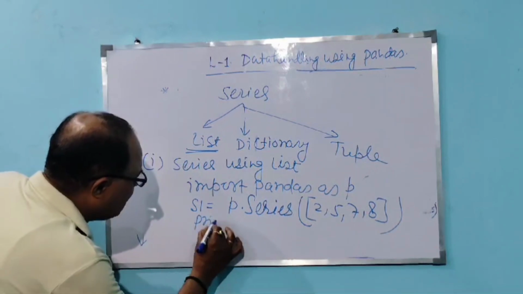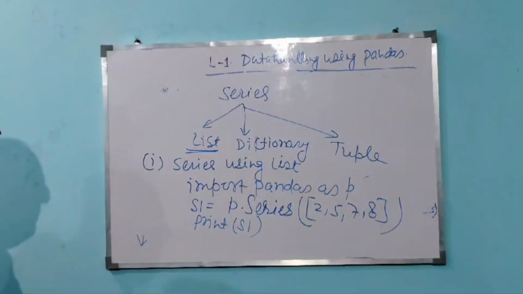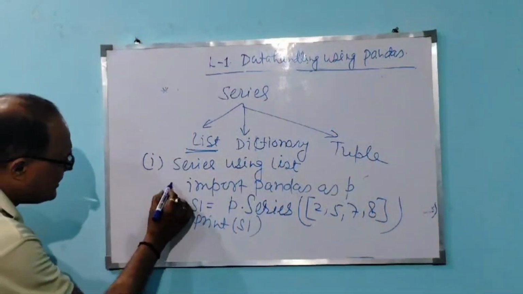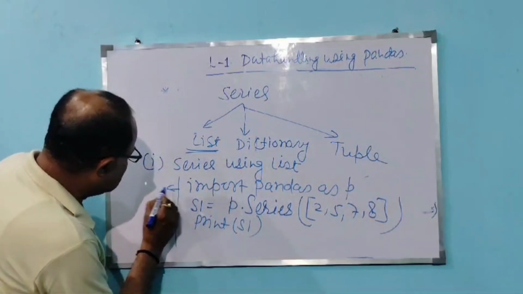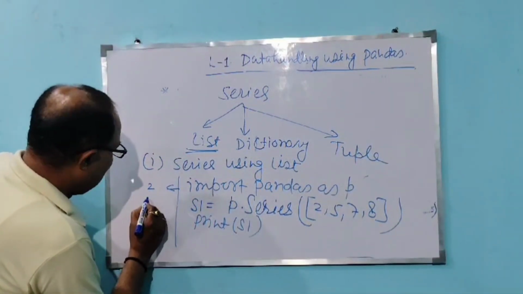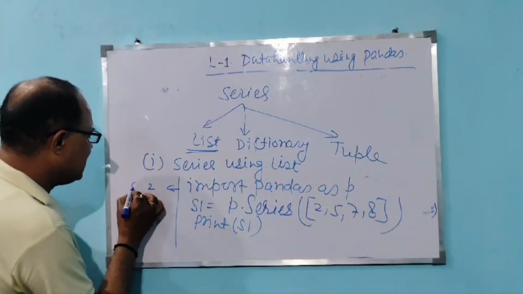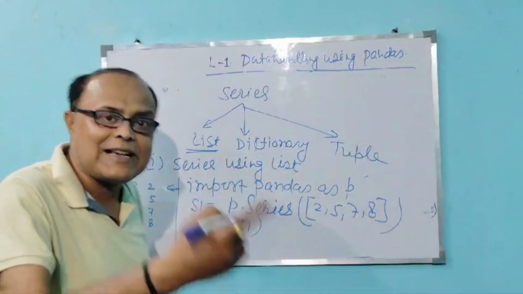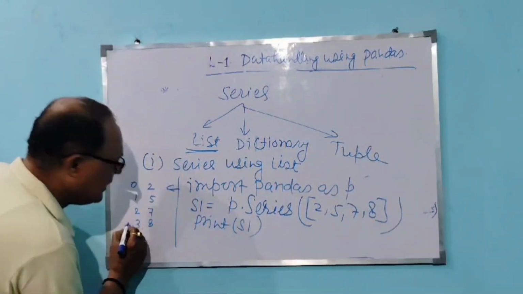Whenever you print s1, what will be its output? The output will display 2, 5, 7, 8, and its index values will be 0, 1, 2, 3.